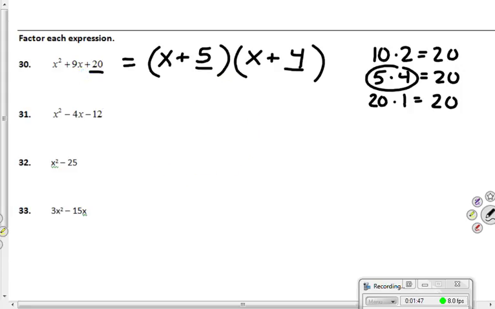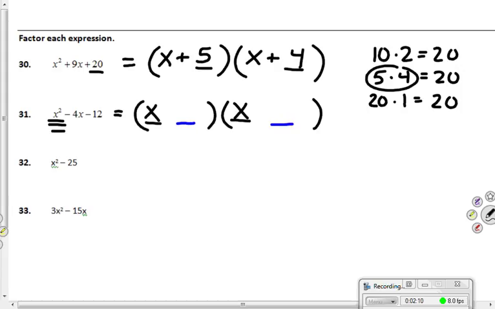Let's try 31. Same idea. What times what makes x squared? The student said, x times x. Very good. Then, what times what here are some ways I can make negative 12?